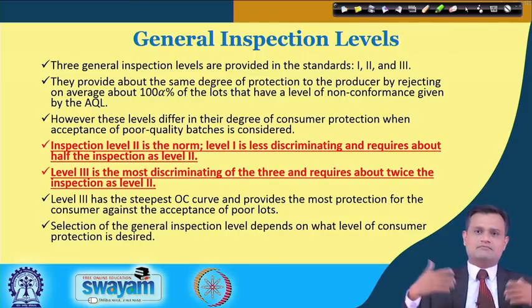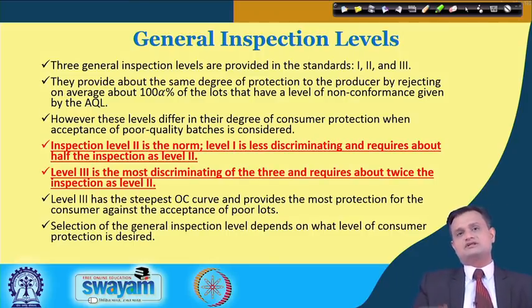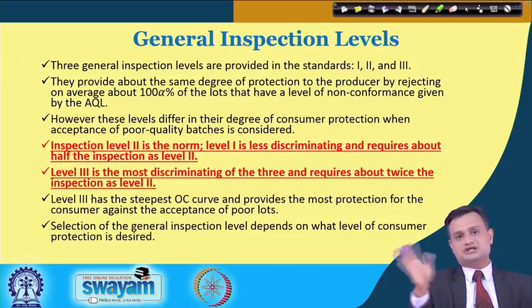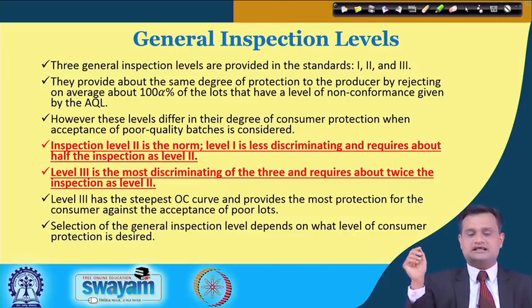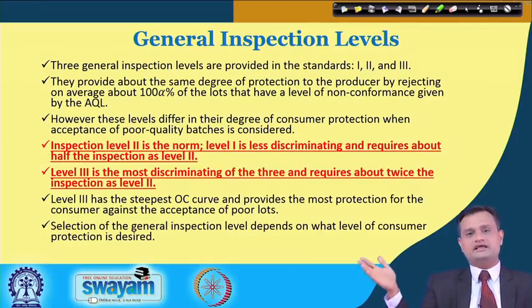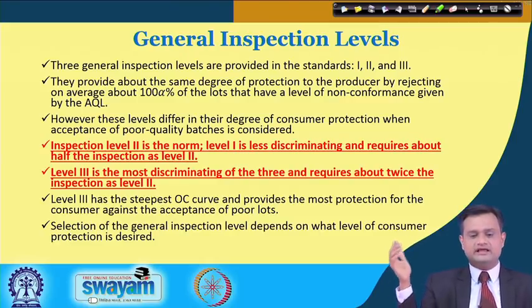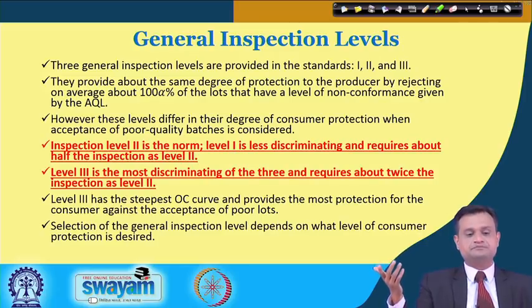Now we are talking about the inspection level, the additional feature in the standard sampling plan. You have something called the general inspection level. There are three general inspection levels, 1, 2 and 3, and as you go from 1 to 2 and 2 to 3, the level of inspection increases.